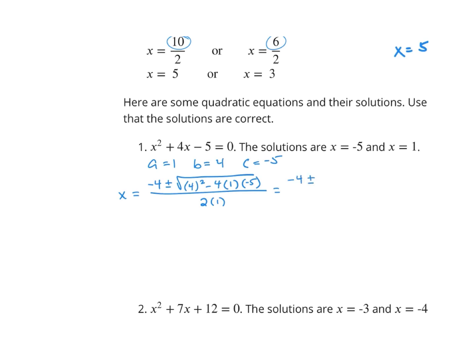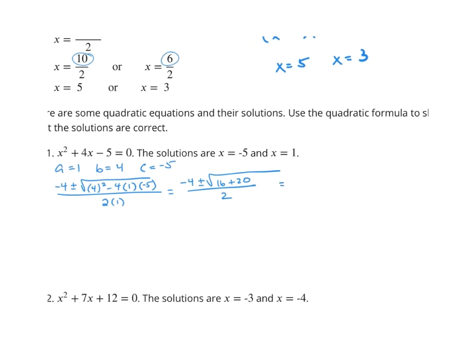Negative 4 plus or minus the square root of 16 plus 20, all over 2. I have negative 4 plus or minus the square root of 36, all over 2.